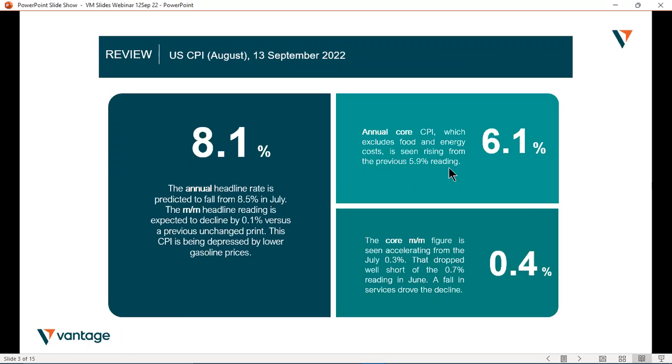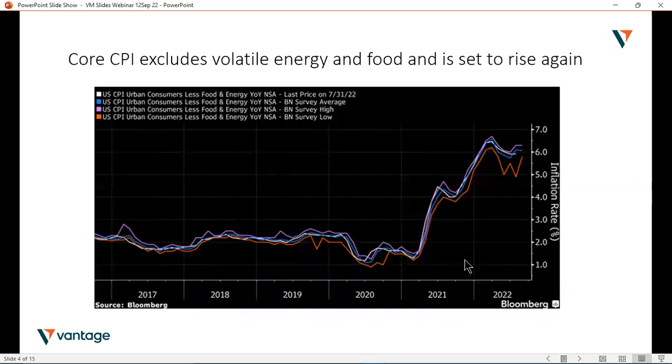I've said a 0.1% decline in headline, but the core month-on-month reading is rising, with consensus seeing it rise to 0.4 from 0.3 before, the 0.3 being well short of the 0.7 reading in June.